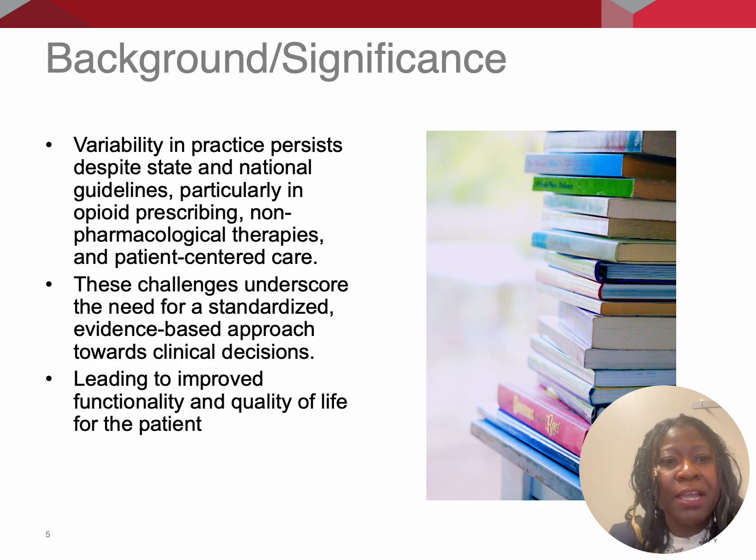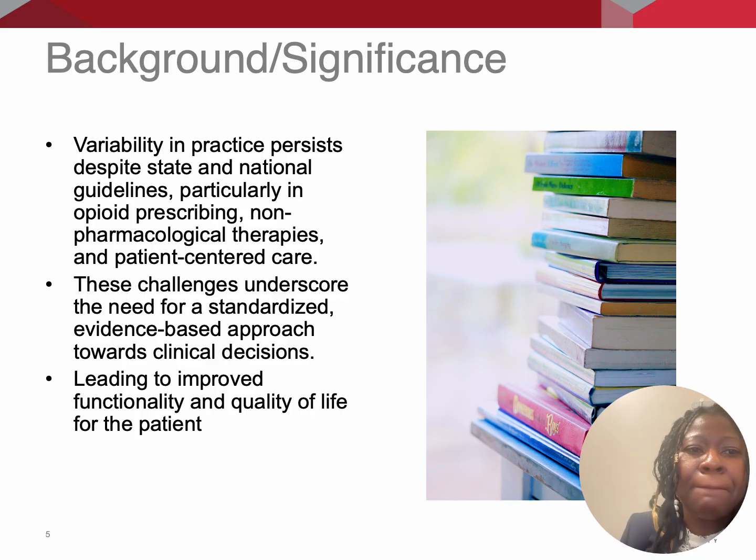Furthermore, variation in practice persists despite state and national guidelines, particularly in opioid prescribing, non-pharmacological therapies, and patient-centered care. These challenges underscore the need for a standardized, evidence-based approach towards clinical decisions, which can lead to improved functionality and quality of life for the patient.